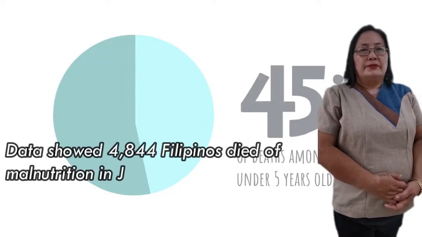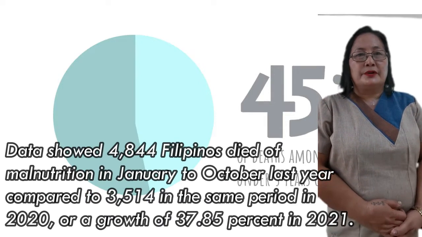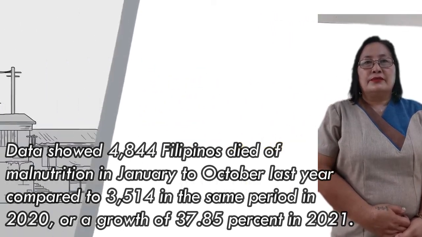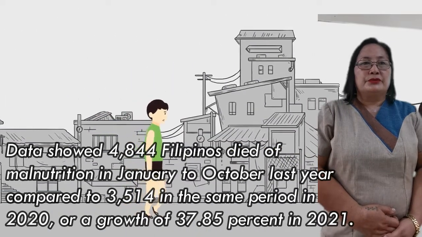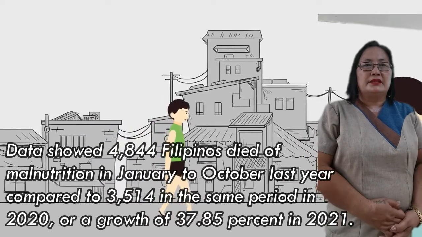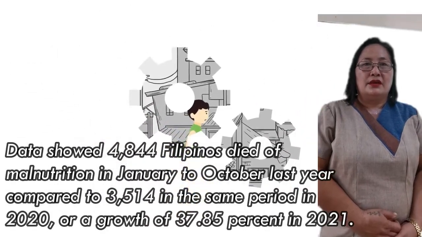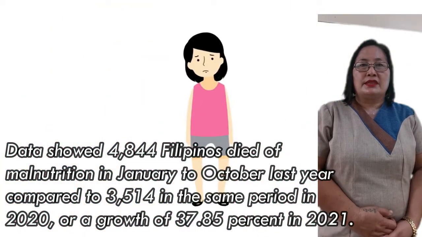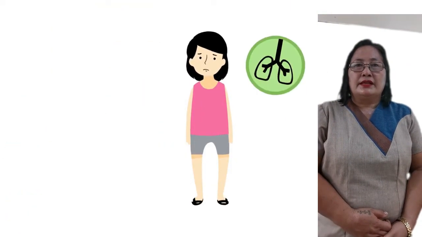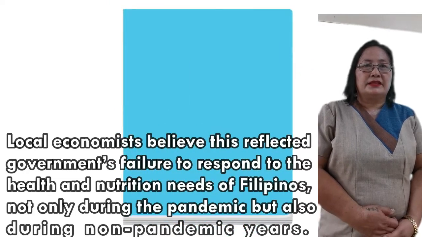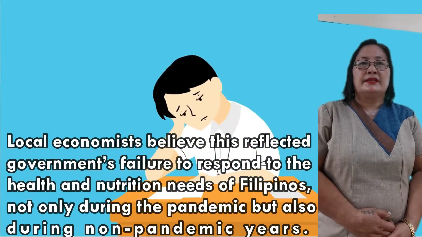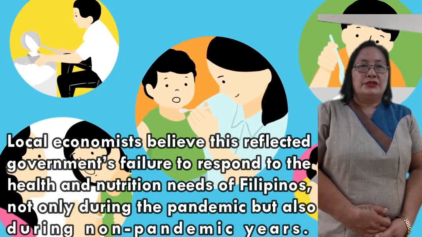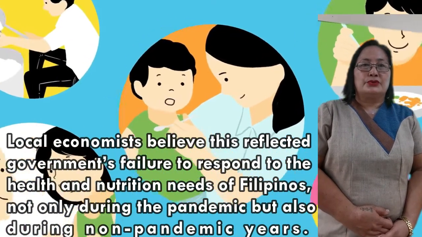Data showed 4,844 Filipinos died of malnutrition in January to October last year, compared to 3,514 in the same period in 2020, or a growth of 37.85% in 2021. Local economists believe this reflected the government's failure to respond to the health and nutrition needs of Filipinos, not only during the pandemic but also during non-pandemic years.